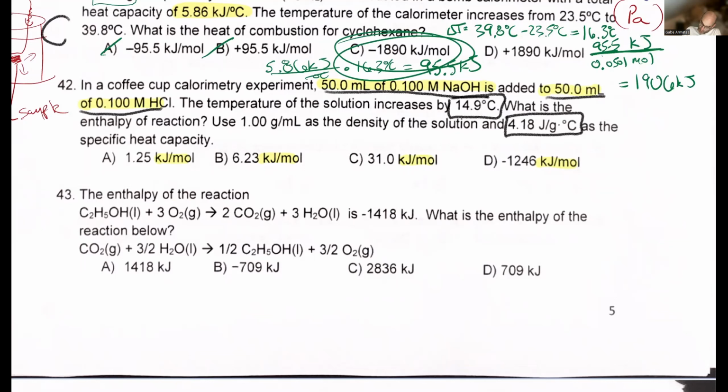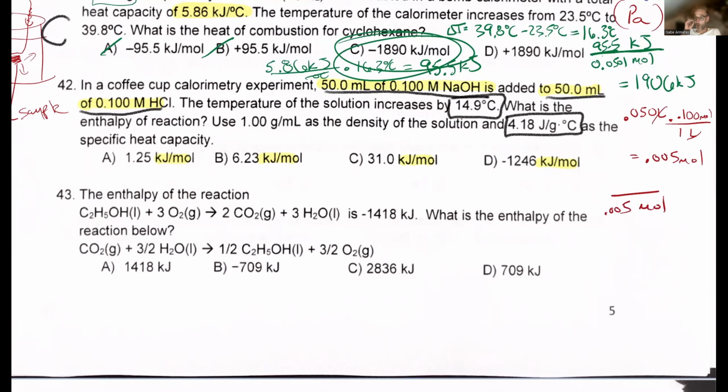So volume in liters times concentration, because it's 0.100 moles per liter, 1 liter. Liters cancel, and I am left with 0.05 times the 0.1 gives me 0.005 moles. That's going to be on the bottom.